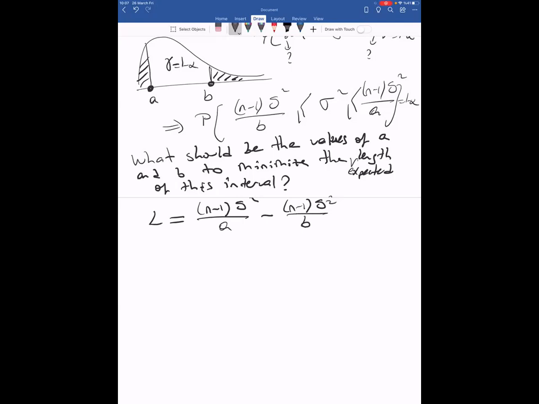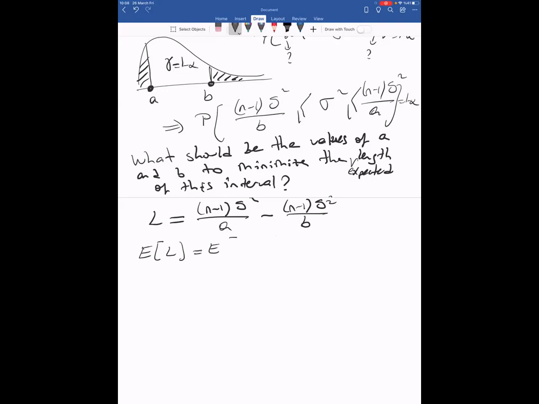Okay, so we want to minimize this expected length. So the expected length equals, okay, so we have (n minus 1) expected S squared, and, oh, sorry, let me write it this way.